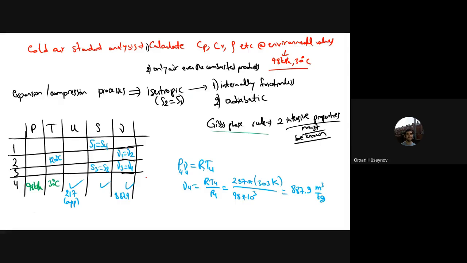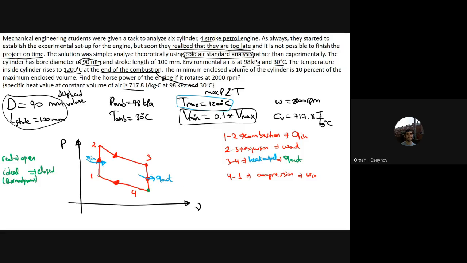Now let's do one more step here. I know the nu at state 4, and if I multiply this nu at state 4 with the mass... I mean, if I find the mass, then this one is the minimum specific volume, and this one is the maximum specific volume, because nu is the volume by the mass.